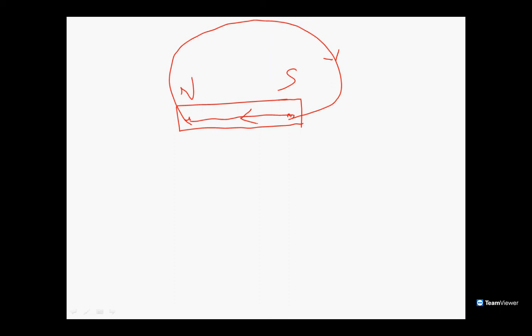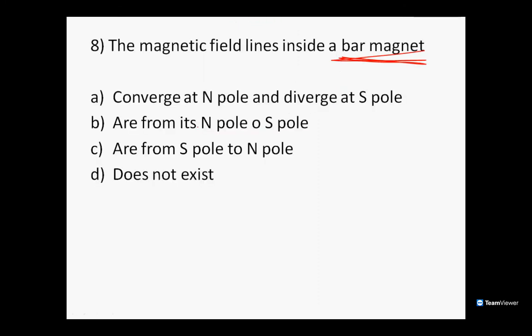Magnetic lines of force are closed curves, so inside the bar magnet, it will go from South to North. So the right choice is from South pole to North pole. C is the right choice.